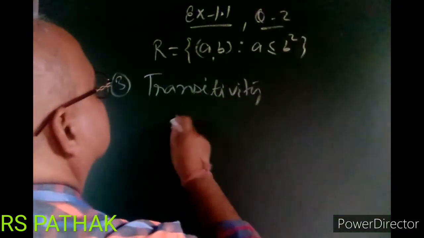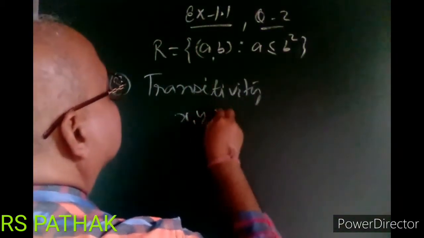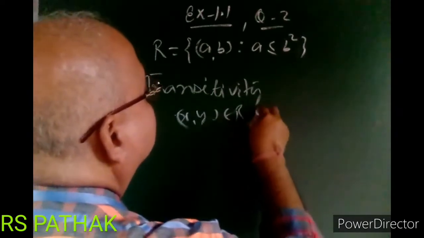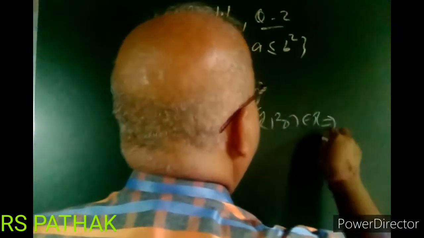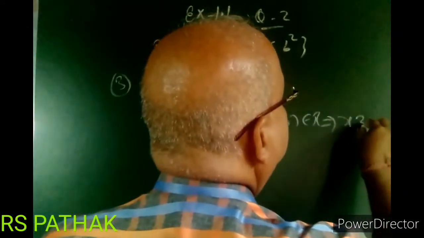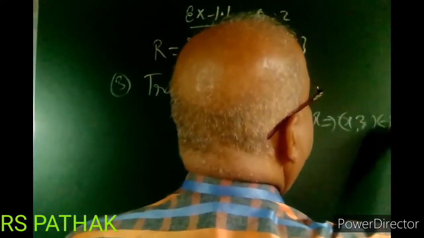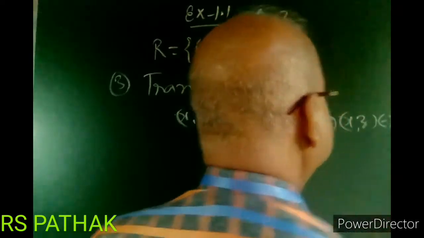Transitivity is: x, y belongs to R, y, z belongs to R, implying that x, z belongs to R. Clear?